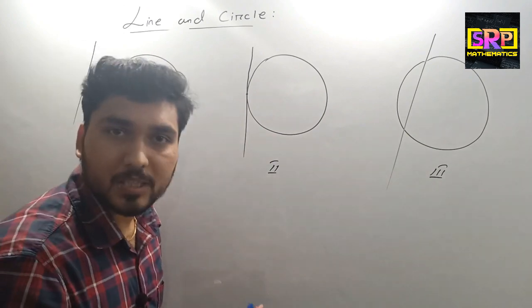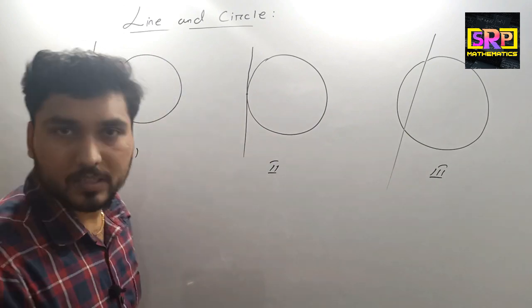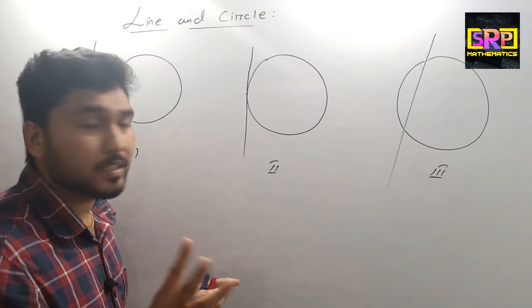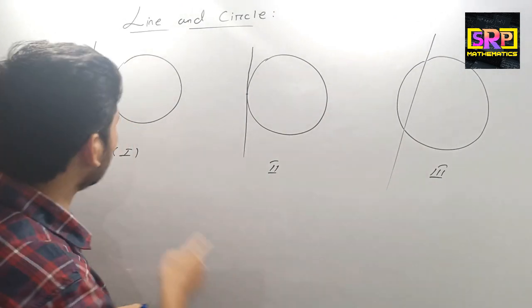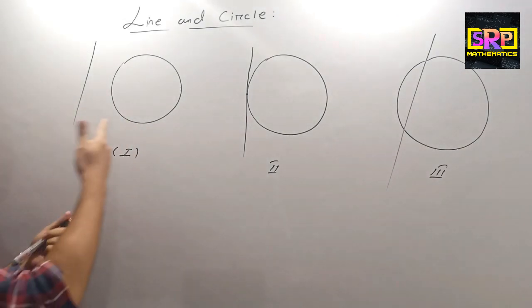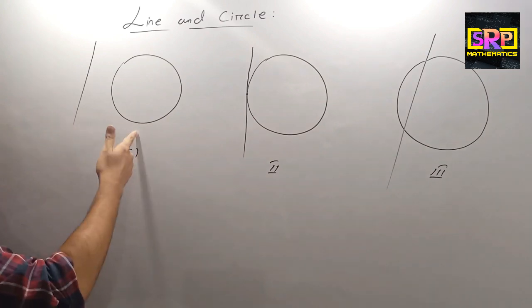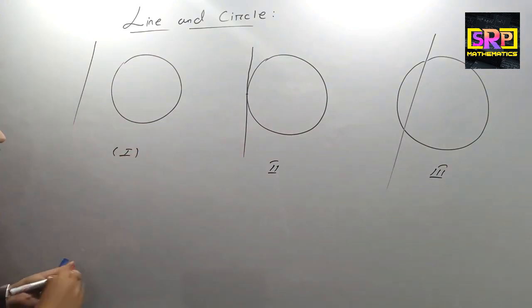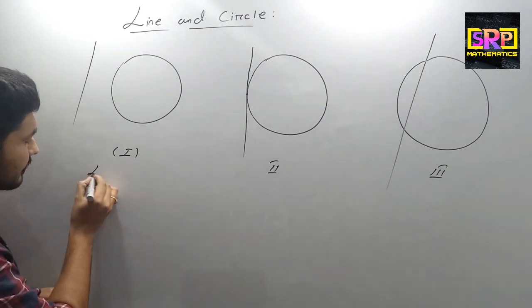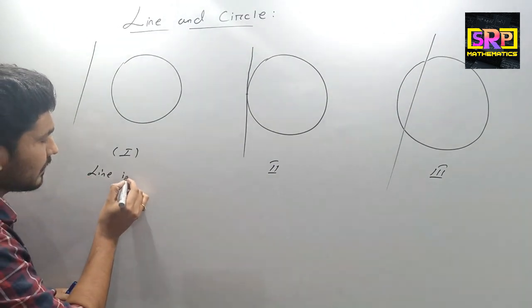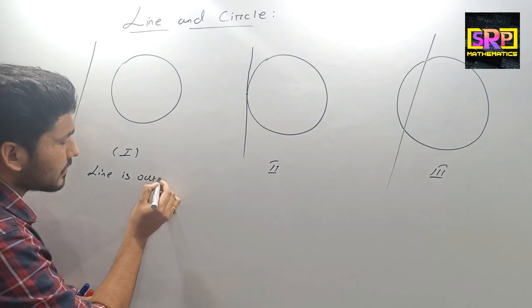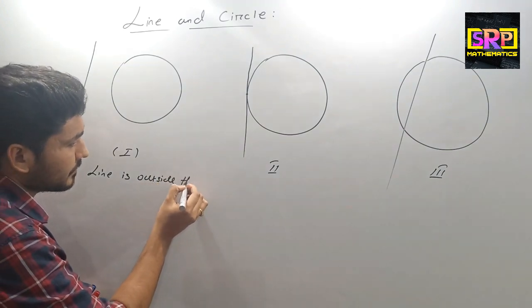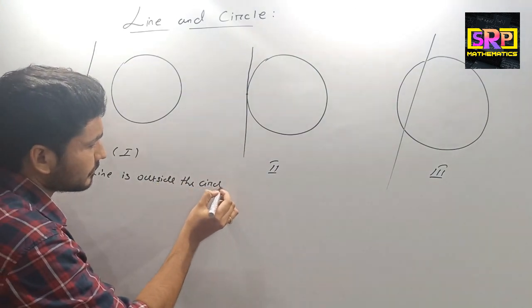Is there any other possibility? I don't think so. That means we have 3 possibilities. One is case 1. That is, the line and circle don't touch each other or intersect each other also. That means the line is outside the circle.